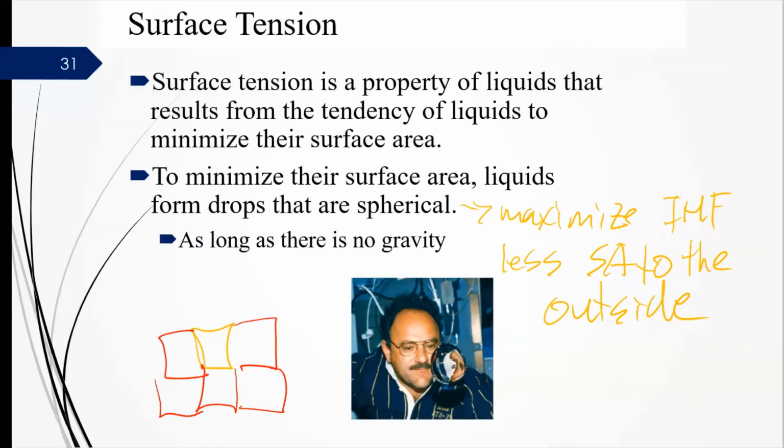If we put it in the middle, then we could fit 8 molecules around it, and it would feel even more attractive forces. That's the basis of surface tension: the stronger the intermolecular forces are, the more those things will hold together, the more that surface wants to stay connected.